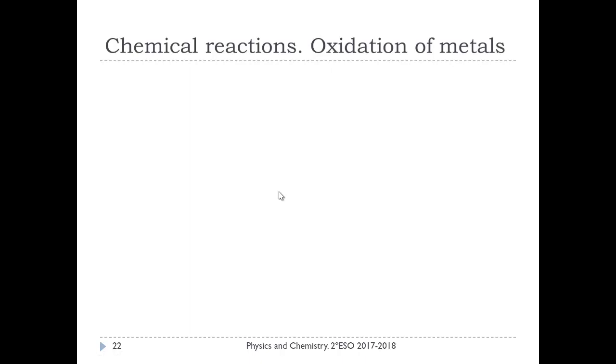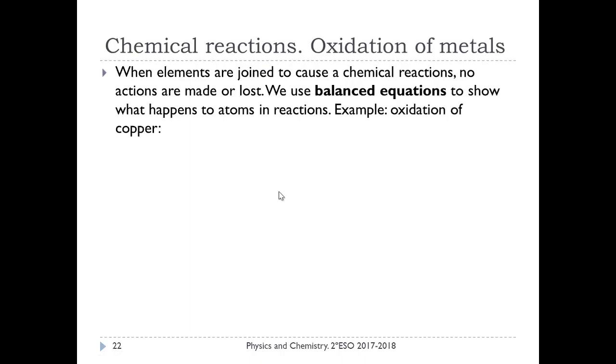Chemical reactions and the oxidation of metals. When two elements join in a chemical reaction, no matter is made or lost. We use balanced equations to show what happens to atoms in reactions. Given, for example, the oxidation of copper, the word equation would be: copper reacts with oxygen to produce copper oxide.